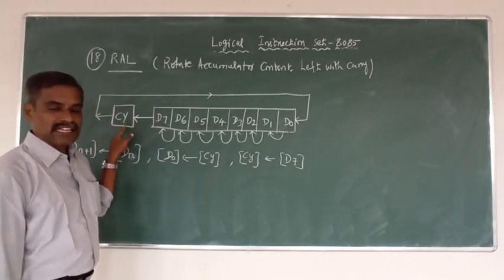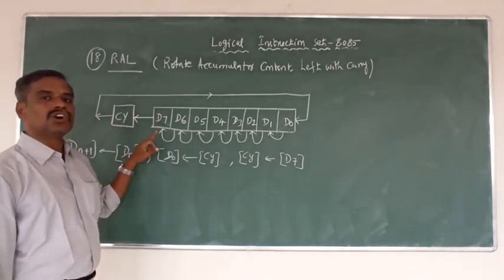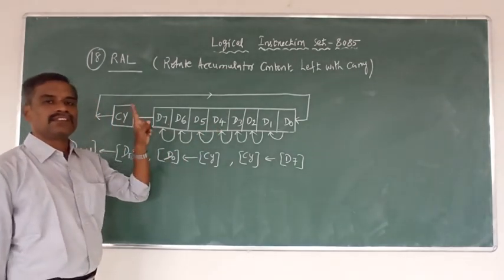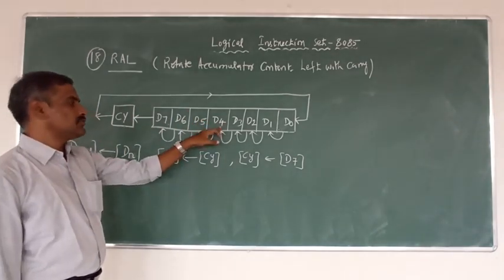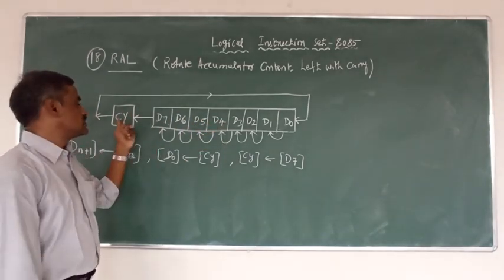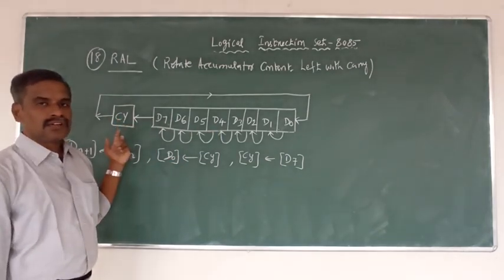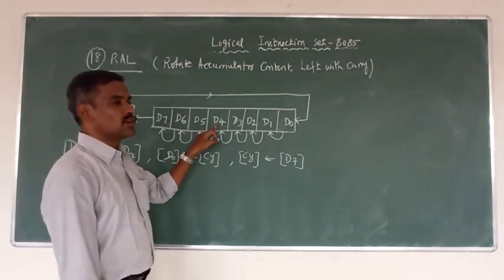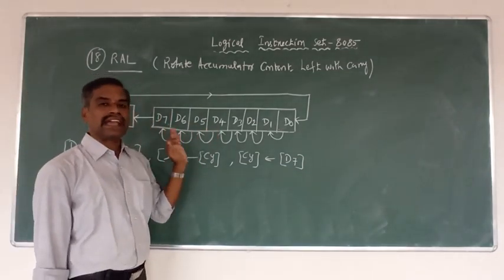Now the carry status will be checked whether it is 0 or 1. If 1, the D4th position was carry. If the D4th data was 0, now the carry will be in reset condition. Okay, whether the particular bit position data will be carry or not.